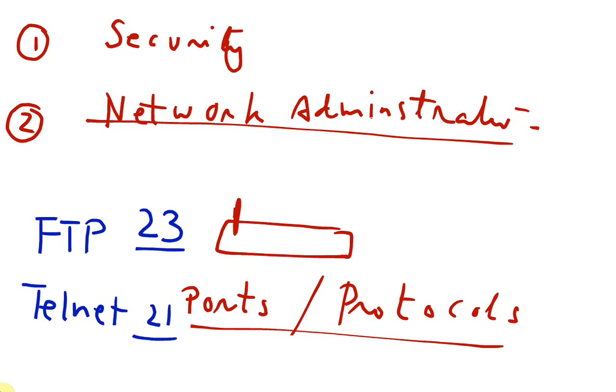We can also, as network administrators, block special websites, or block, for example, VoIP on our network, so nobody can place IP calls on our network. So there are two main purposes of the firewall. Number one is security, and number two is network administration.